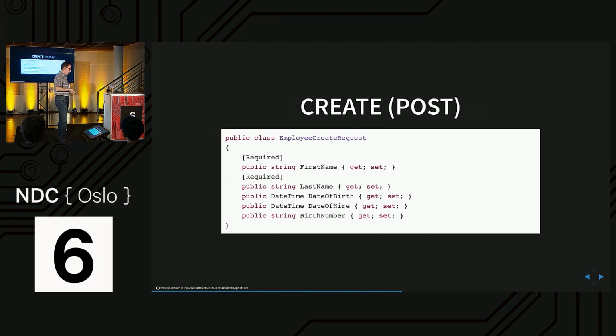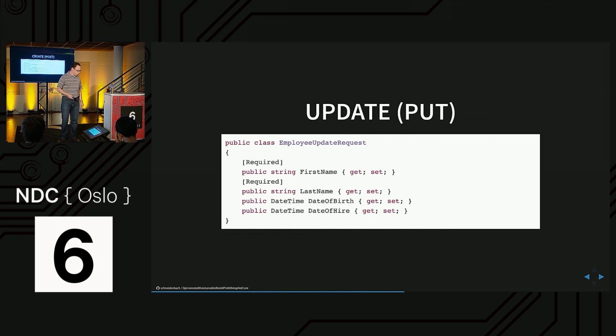So let's create something that actually creates the object for us. We create an employee create request, right? What we're doing here is breaking things down into one request class or definition, one request definition per request that we're making. So we're going to end up making an update request as well. And you notice that I'm just missing that property straight up.